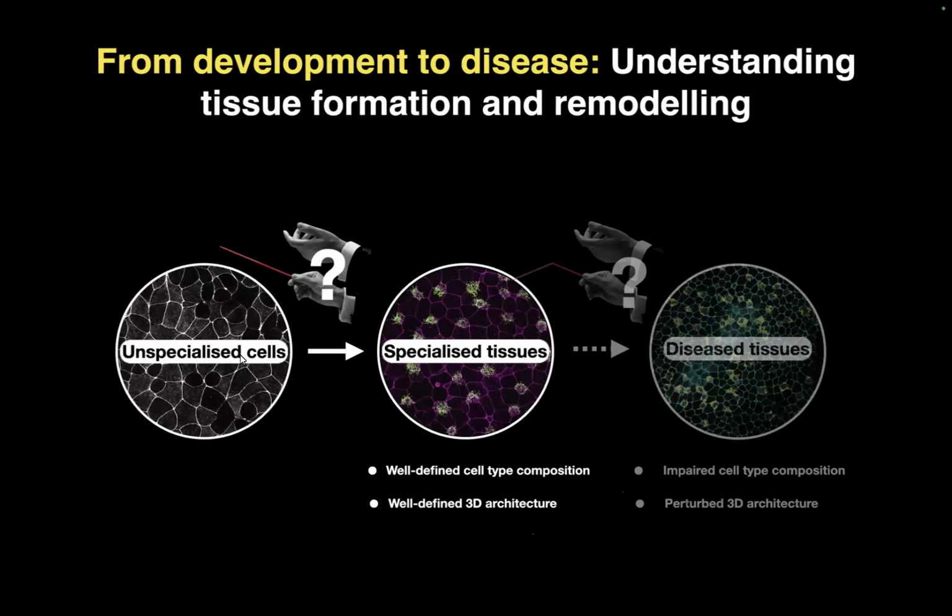And we want to understand how this transition from unspecialized cells to specialized tissues is orchestrated, both in space and time. But we also want to understand how the lack of this orchestration actually leads to disease states and formation of tissues having a wrong cell type composition and a wrong architecture.